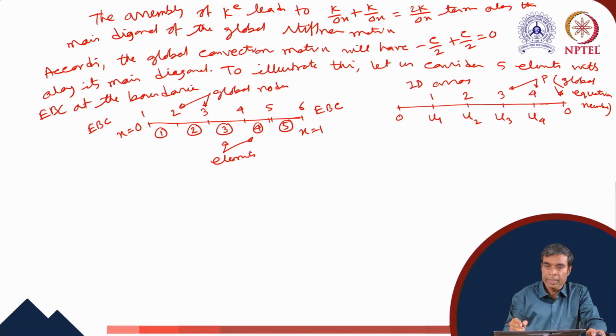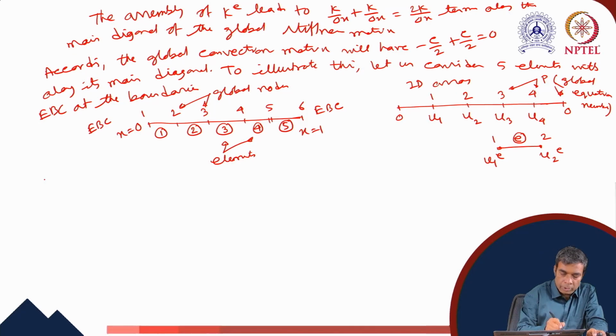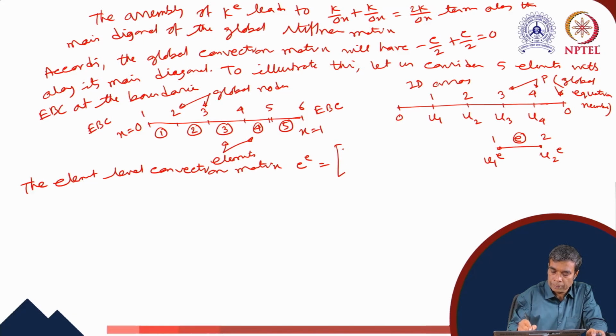Now we can easily perform the assembly for generation of the 4 by 4 matrix. So for our elements, we can show a generic element, element E, local node 1, local node 2. The degrees of freedom are U1E and U2E. We got the element level convection matrix CE equals minus C by 2, C by 2, minus C by 2 and C by 2.